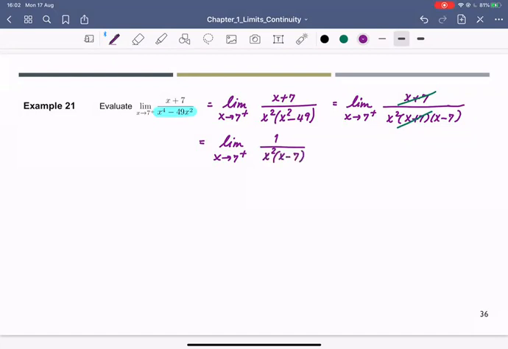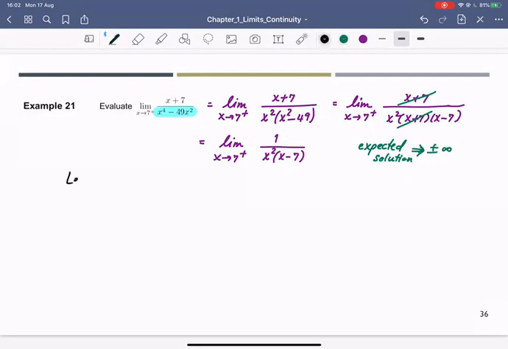When you have something like this, you expect your answer to be plus or minus infinity, because your denominator goes to 0 and your numerator is just 1.